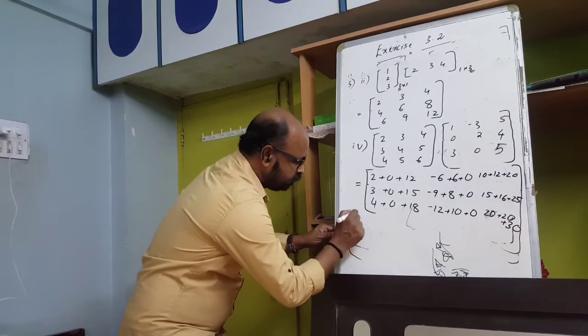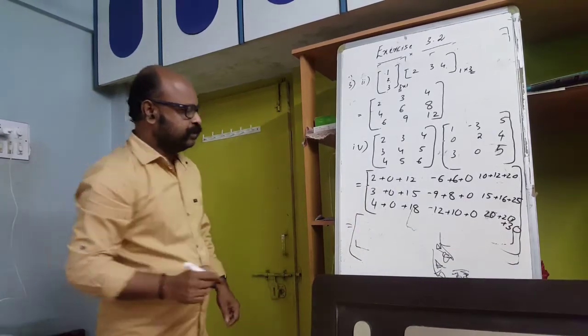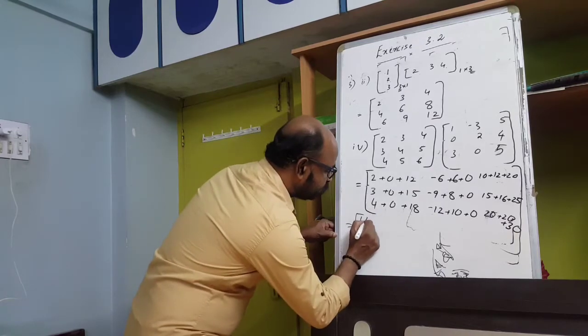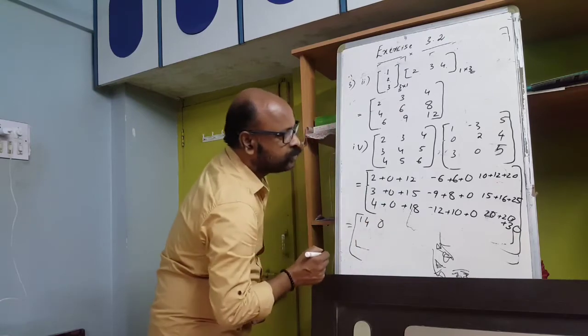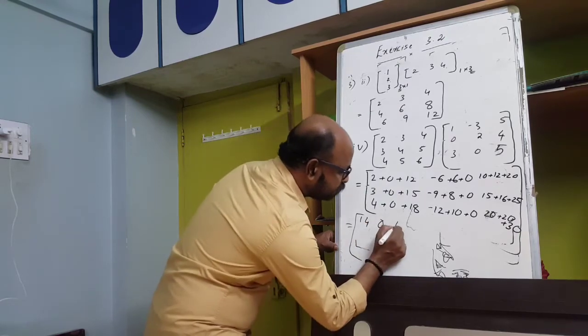Now we come to the simplification. Okay, that is 14 minus 6 plus 6, 0, then 22 plus 20, that is 42.